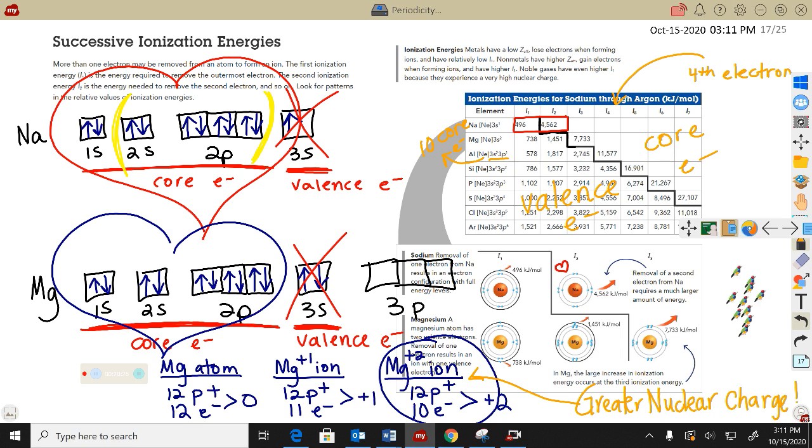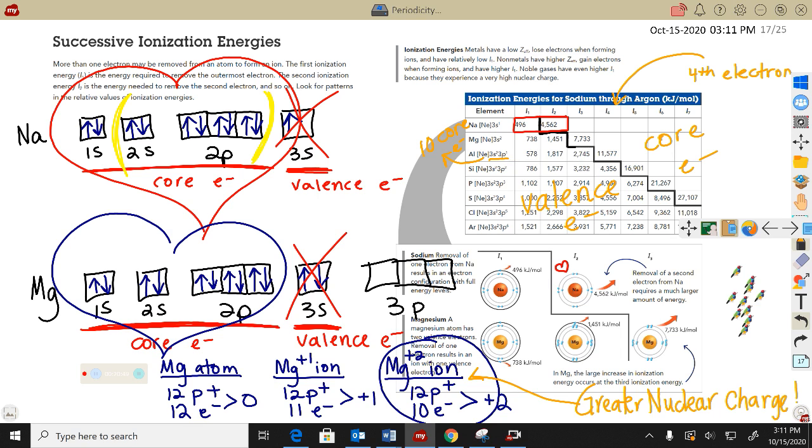Aluminum has 3 valence electrons. But if we're trying to get a full shell, I would need to either lose those 3 or find 5 more so I can fill the 3p orbital. Right now it's 3p1. I would want it to end 3p6. I want it full. Well, lose 3, gain 5.